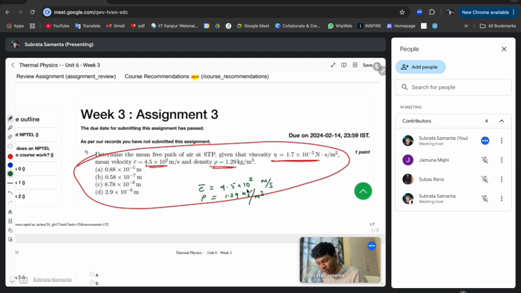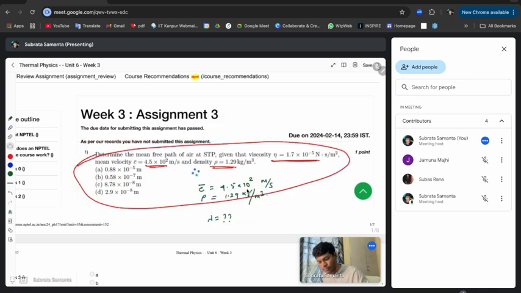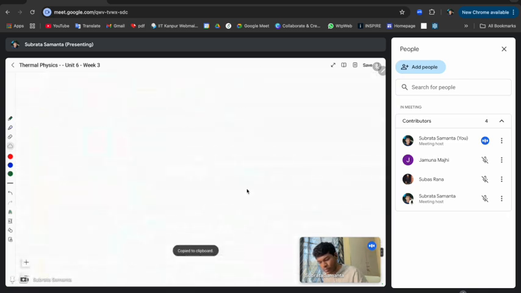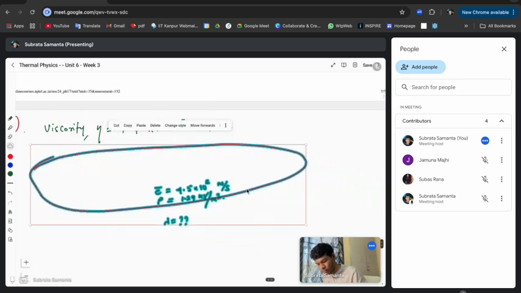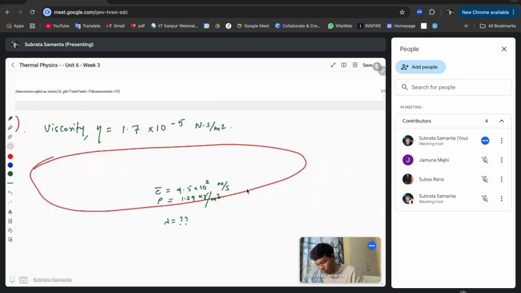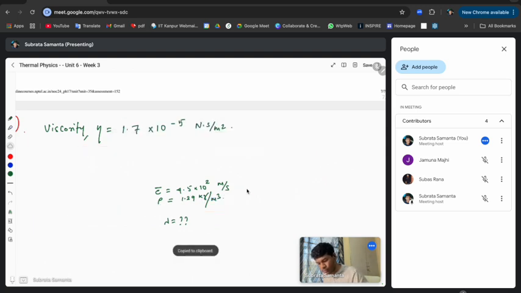So you want to calculate the mean free path lambda. I am copying this, so this is the question.